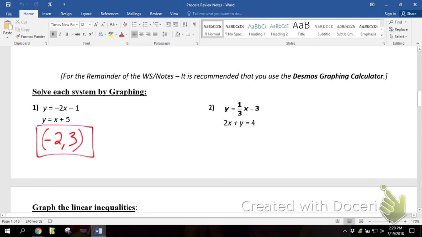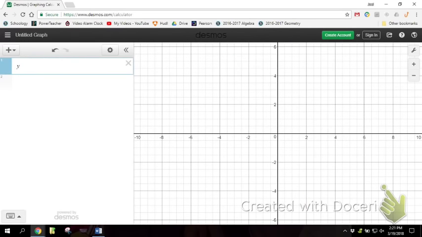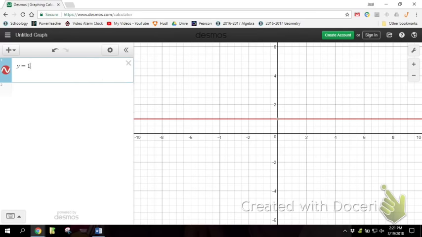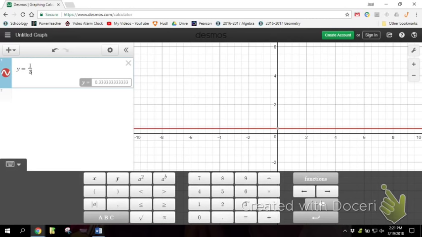Same thing with the second one. I'm going to go back here and graph both of those lines. The first one, y is equal to 1/3. You can either do 1, then the slash, and 3, or if you have the keyboard open down here, you can use the division button.